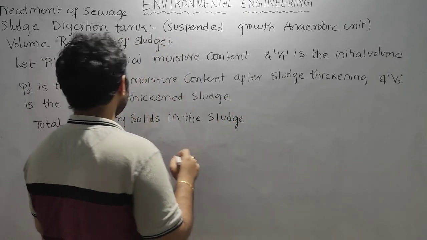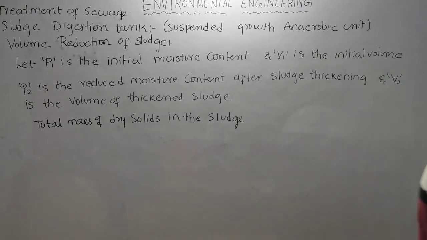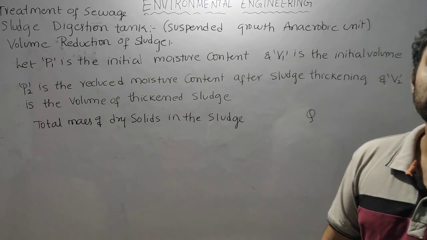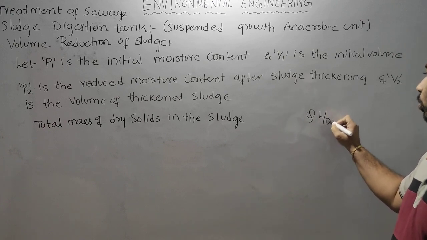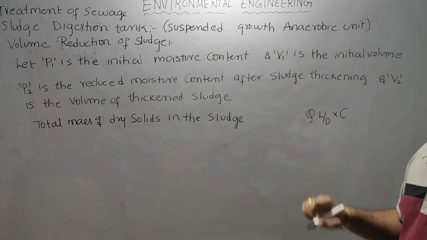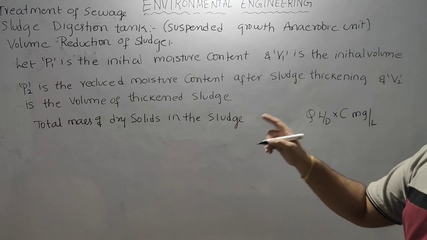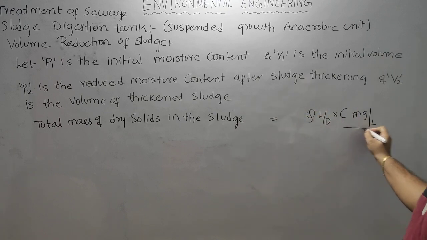When you know how much sludge is entering into the sludge digester, let Q be the sludge entering the digester. So this is in liters per day. And what is the concentration of the solids in it? This is the concentration of the dry solids.